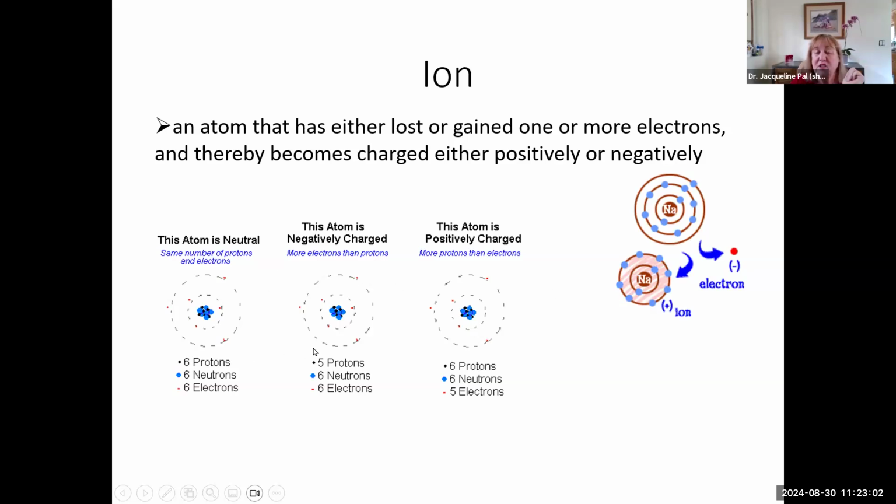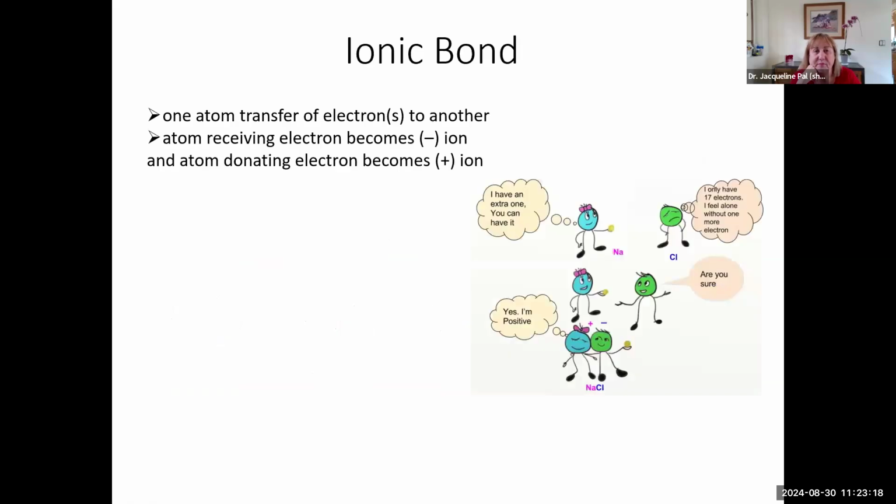A negatively charged ion is what we call an anion. Personally, I like cats, so I remember that positively charged are cations because I like cats. Negatively charged are anions.